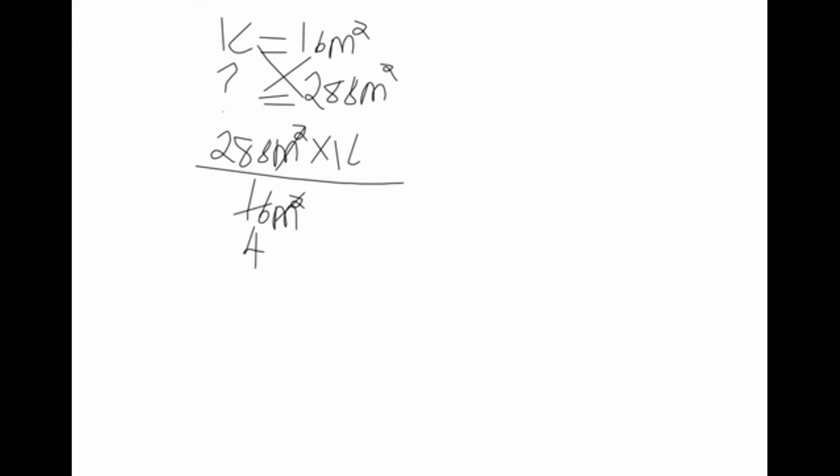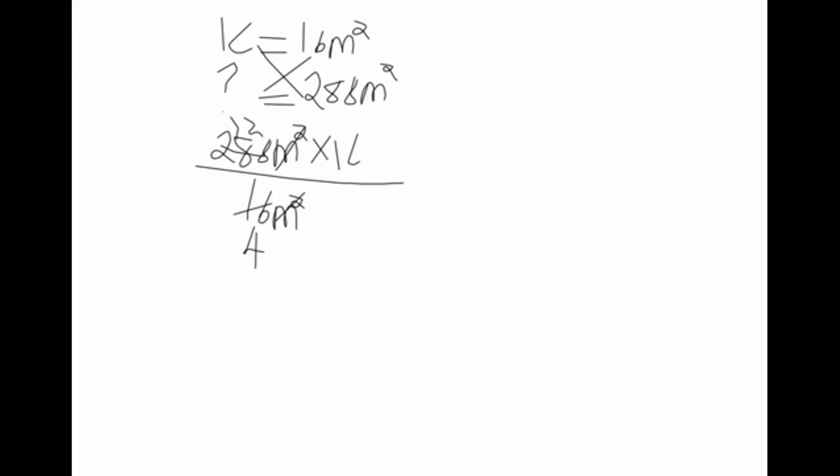So we have to cross multiply. We have 288 meters squared times 1 carpet divided by 16 meters squared. So meters squared and meters squared cancel. 16 divided by 4 is 4, sorry. Then 288 divided by 4 is 72.